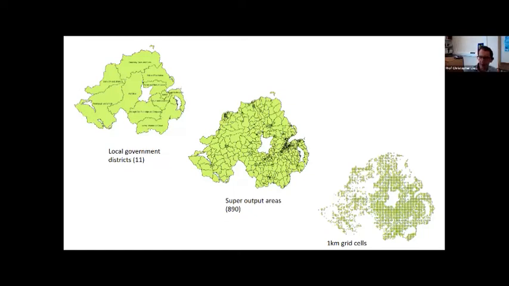So what I mean by that is, if we look at the top left, we have local government districts for Northern Ireland, of which there are 11. So if we look at Mid-Ulster, for example, if we attached population information or health information to that area, the implicit assumption is that people are spread evenly across the area, which is obviously not true.